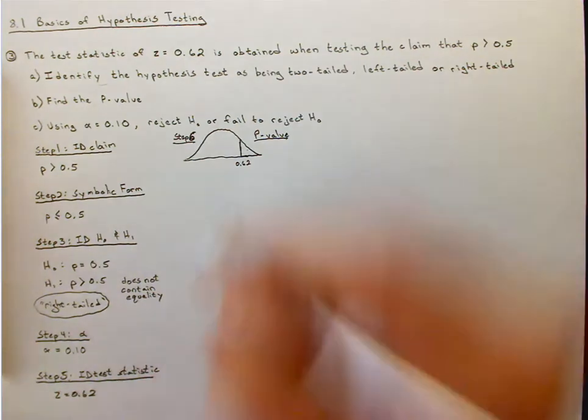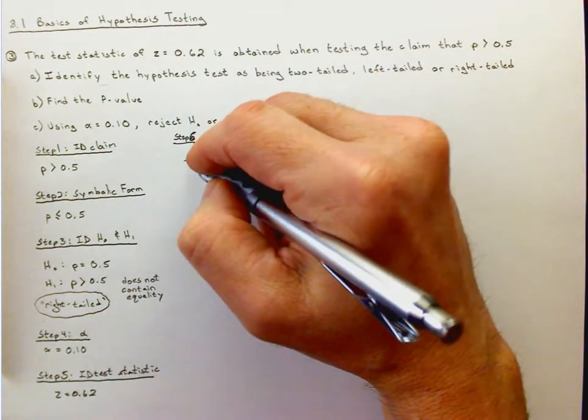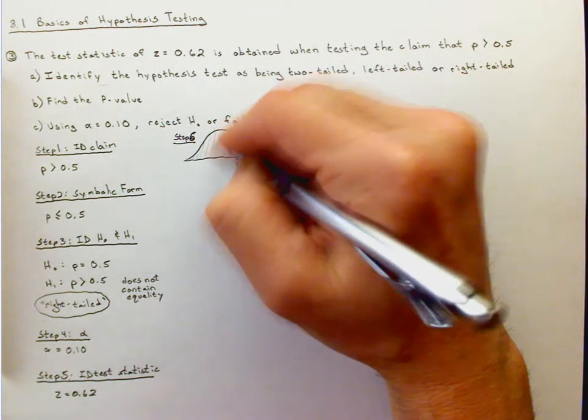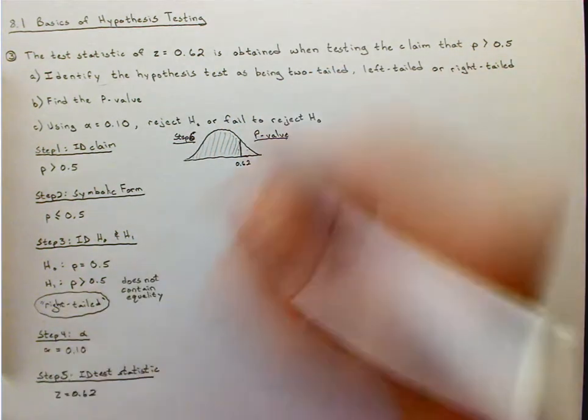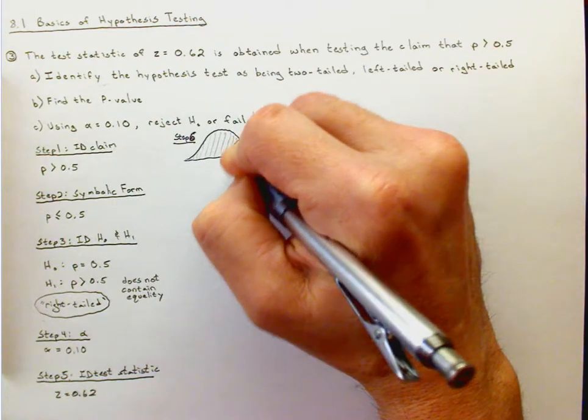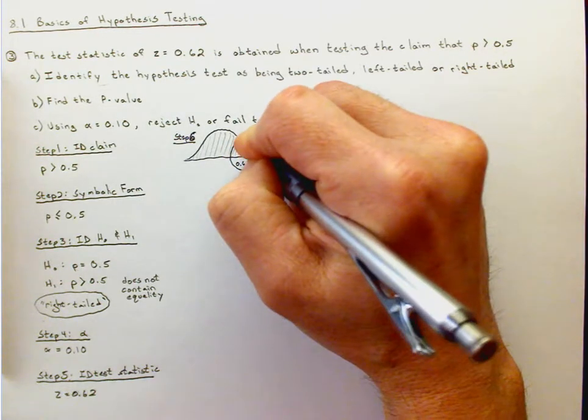Whenever I look this up in my table A2, I'm going to be given this area. But I'm dealing with the right tail. This right here is what I'm concerned with. This area.